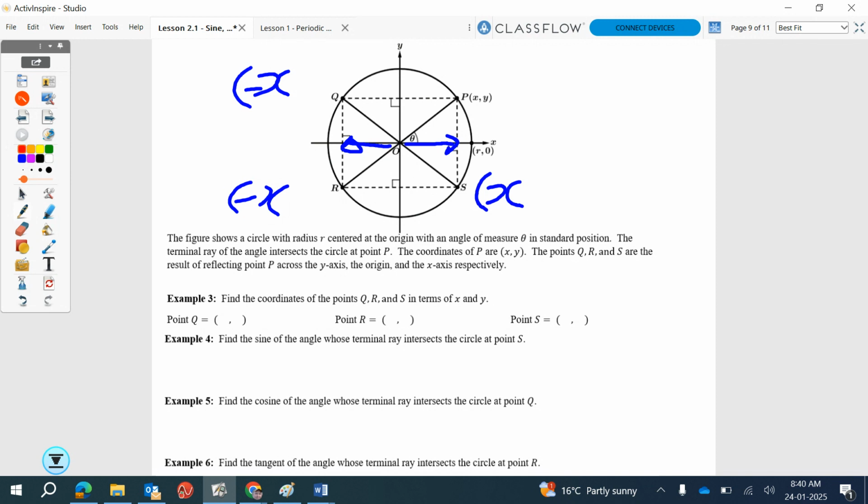We have a vector going up in this direction, it's going to be y. So this length here is y. We reflect that vector downwards, it becomes minus y. So this is minus y. This one here is minus y.